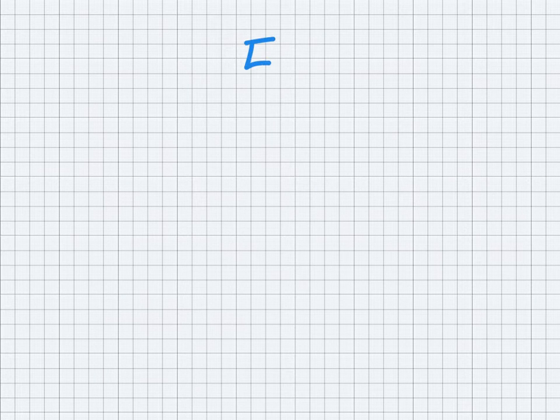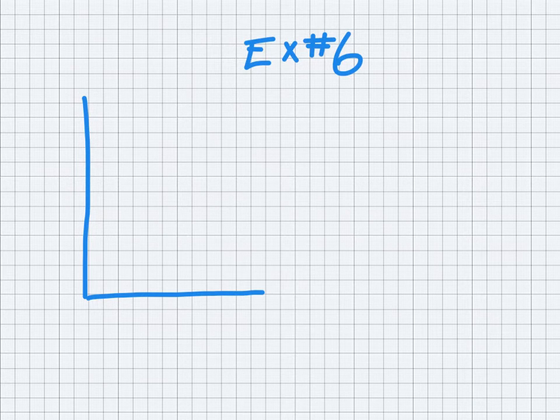I think let's call this maybe example number 6. You ready for a challenge? Let's do this one. Distance time on the left side of your notebook. Okay, here we go.